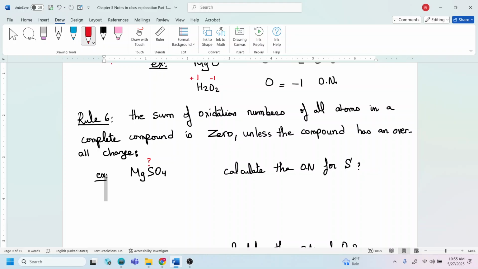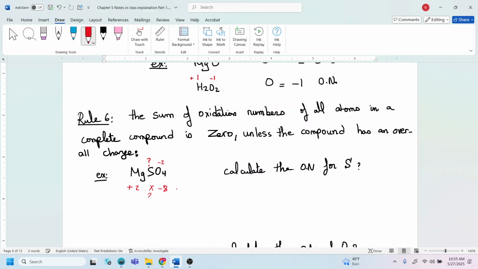I'm just going to go ahead and build an equation. I know that magnesium is group number 2, so magnesium is going to be +2. And I know that oxygen is not coupled with hydrogen, so oxygen is going to be -2. So -2 times 4, that is -8.